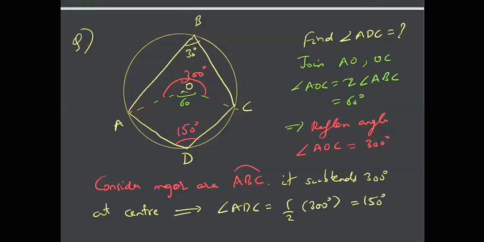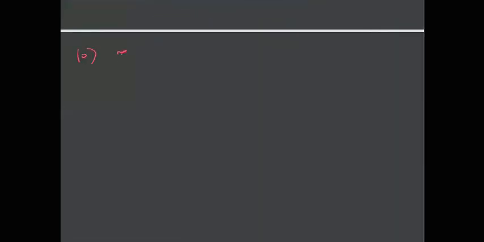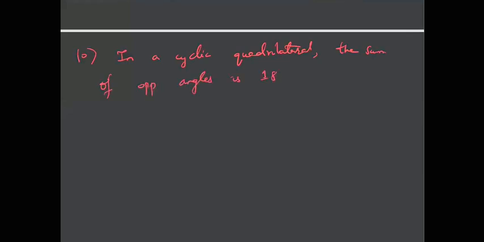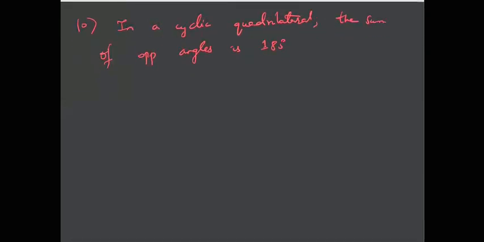So if there is a cyclic quadrilateral, meaning all the vertices are on the same circle, then the sum of the opposite angles is 180 degrees. Okay. So that is the next theorem. In a cyclic quadrilateral, the sum of opposite angles is 180 degrees. Right?